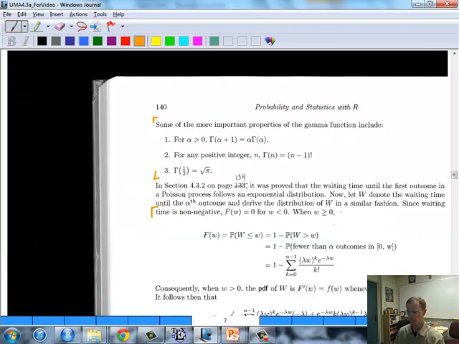So its key properties are listed here, and if you have a positive integer n, then gamma of n is n minus 1 factorial. Its graph looks really funky because if you go with the factorials, 0 factorial is 1, right? 1 factorial is 1, and then 2 factorial is 2.